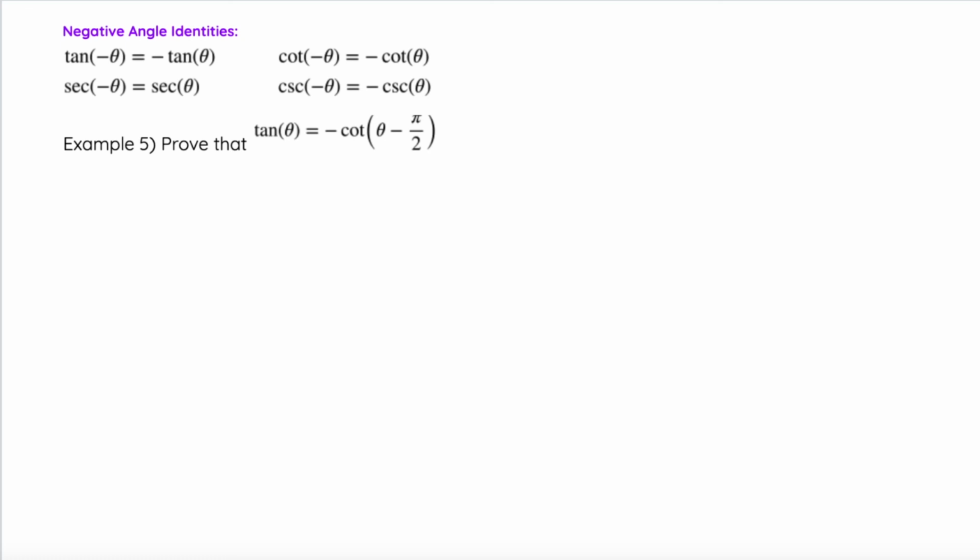This to me looks like a cofunction on our identity sheet. I wonder if we shouldn't start on the left-hand side and see if we can be creative with how we manipulate our items. So I'm going to start with tangent and turn it into sine and cosine.